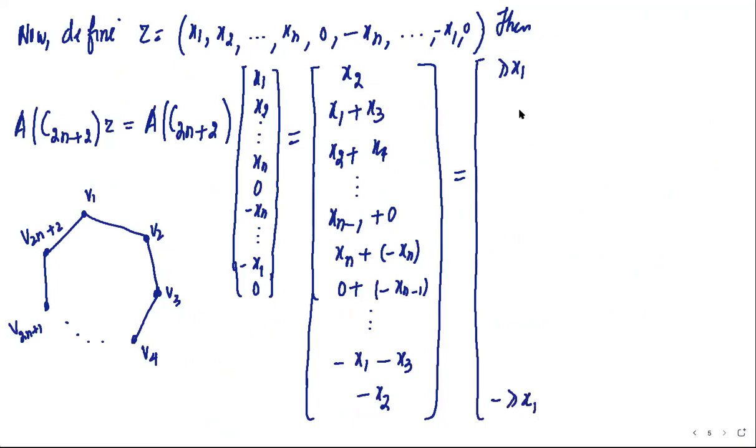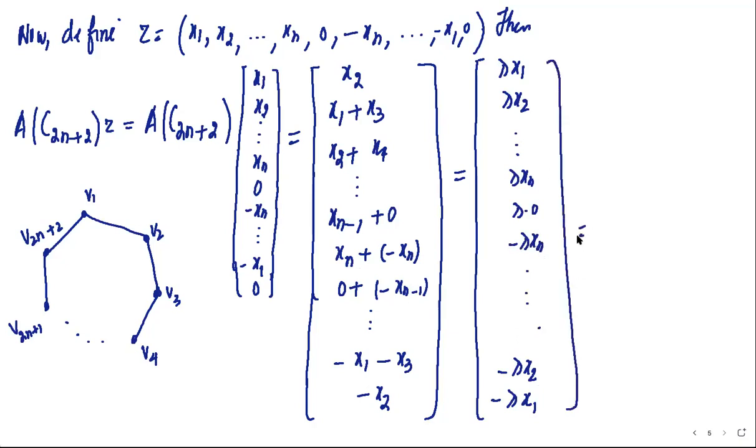And similarly here this will be lambda times x2, and the last one will be equal to minus lambda times x2, and so on. Then we get to lambda xn. Then the next will be lambda times 0, because xn plus minus xn is equal to 0. And then the next term will again be minus xn minus 1, which will again be equal to minus lambda times xn, and so on.